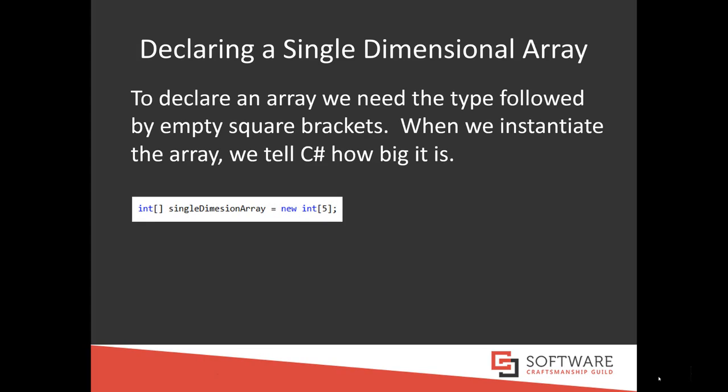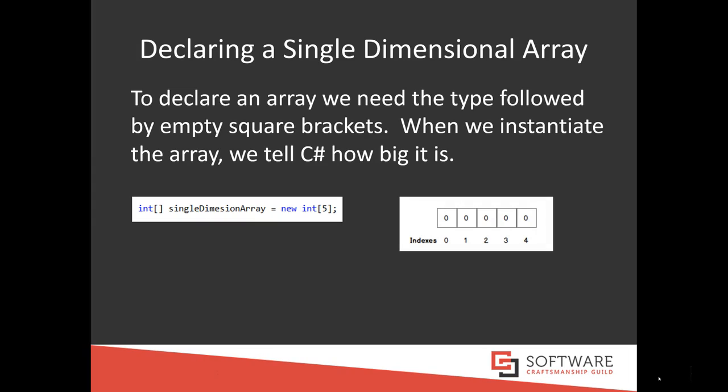We have an int array, so int square brackets, that means array of integers. You give it a name like any other variable, equals, and then when we want to instantiate it, we say new int array and how many positions? 5. So this would be a single dimensional array with 5 elements that are all defaulted to 0.